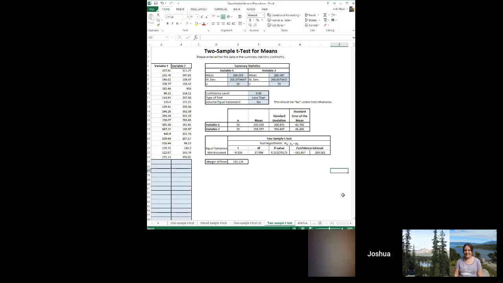How would I have known to choose that one? Because we're finding the differences between the t-tests. We're not finding the differences. I mean, we are finding. One sec.